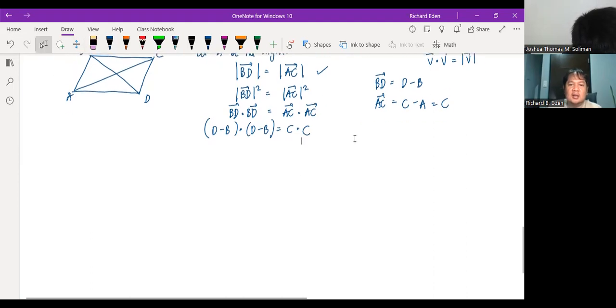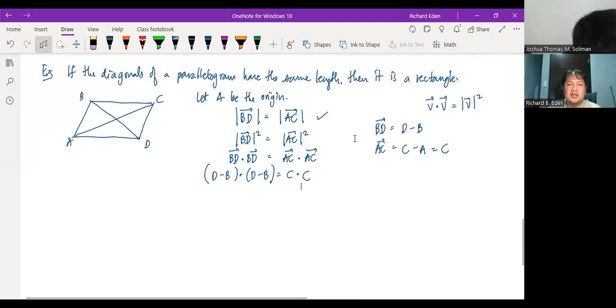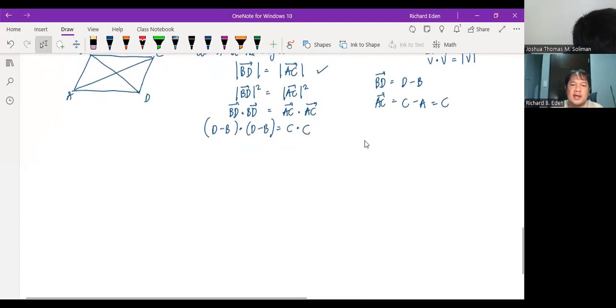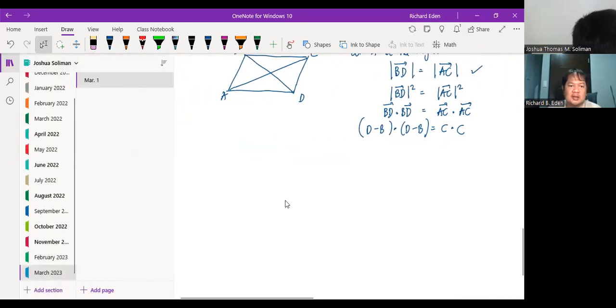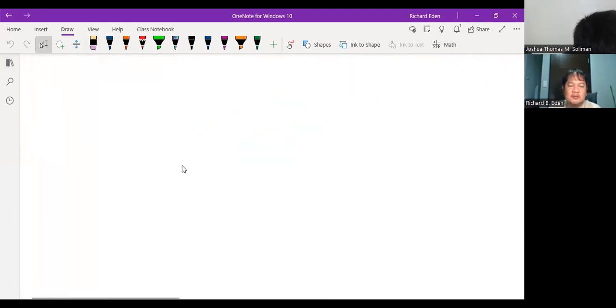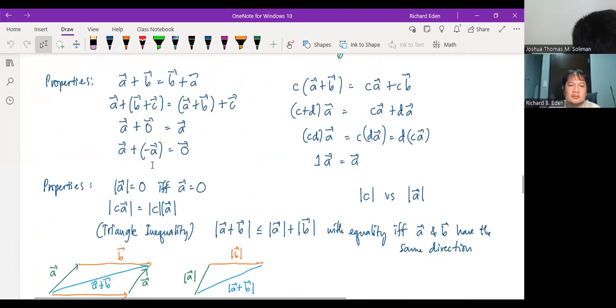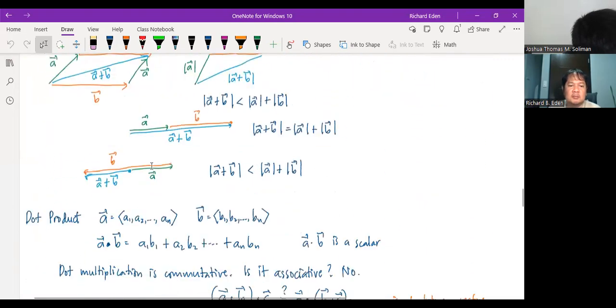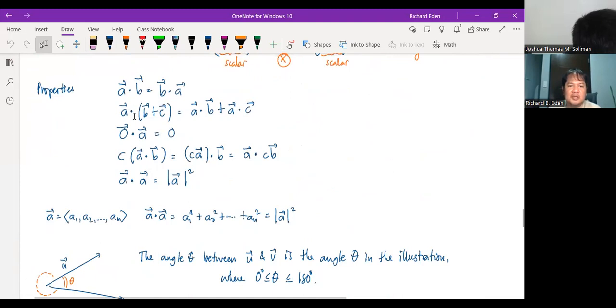Okay. Then what do we have here? We have C dot C. Now when we were talking about the dot product, I think I wrote down some properties. So that would be from Feb 22. A property like this simply implies that when we carry out dot multiplication, we can proceed as if we were multiplying algebraic expressions.